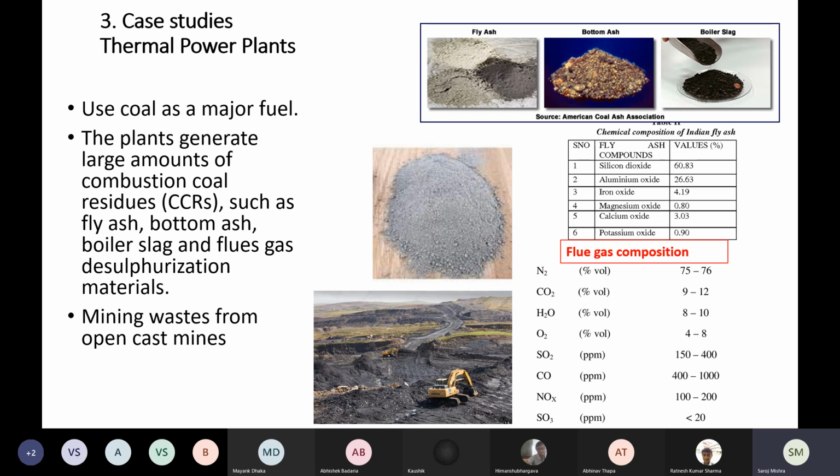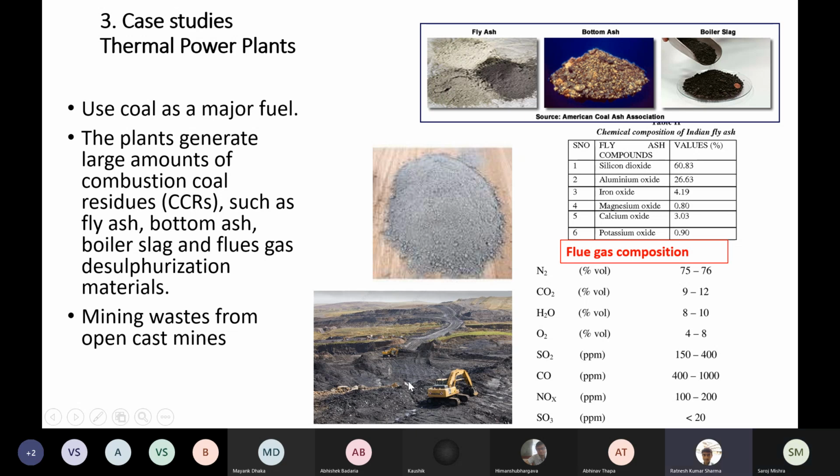It has to be periodically cleaned up, and fly ash has to be removed from the plant, bottom ash, the boiler slag, etc. Then the power plants are cleaned up and fresh coal is burnt, and so on and so forth. So these are the kind of materials which come from burning of coal in a power plant.